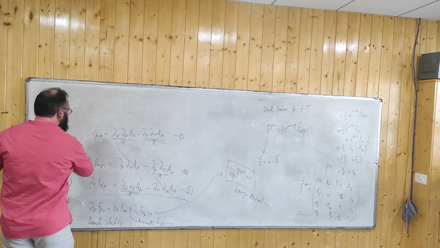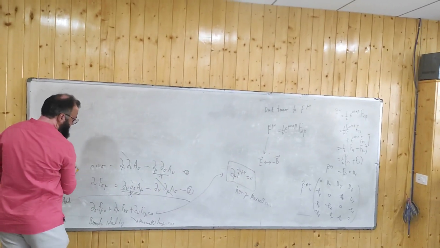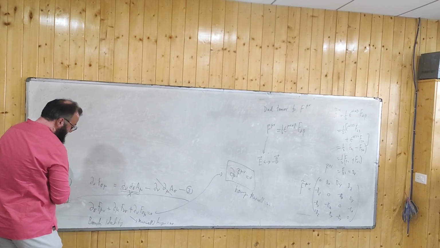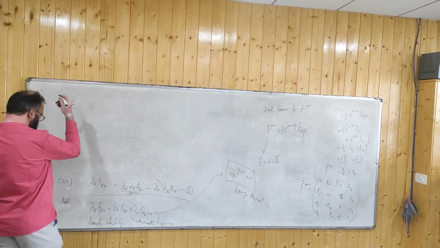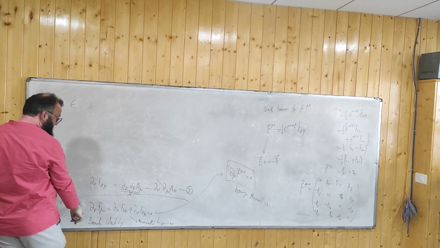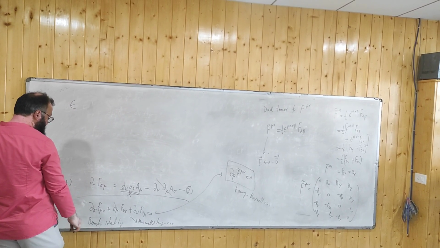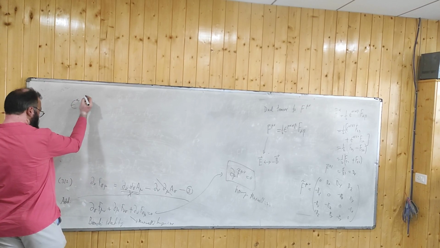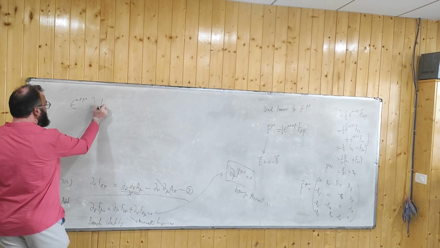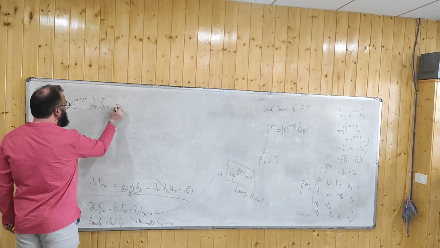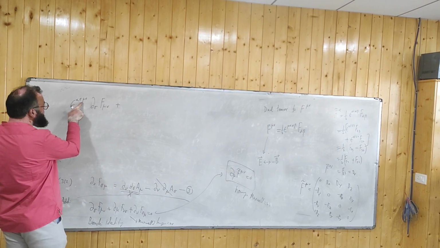Okay, let's write. So you are having F mu nu. Let me write this way. Forget about this sigma for the time being. Let me write epsilon alpha sigma mu nu, partial sigma F mu nu, like this. So I am multiplying this by epsilon alpha sigma mu nu.